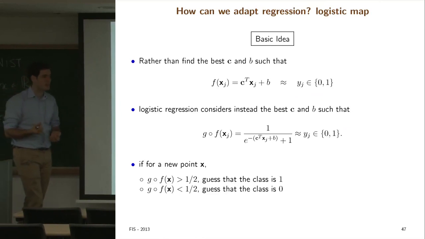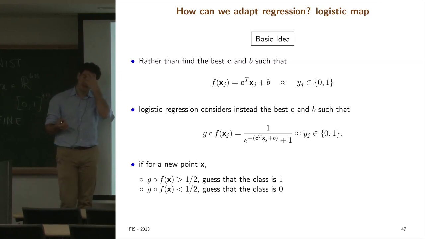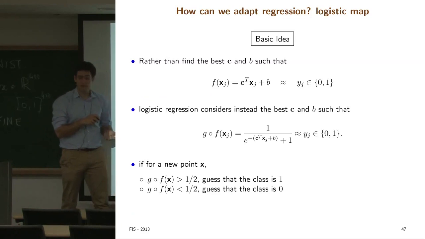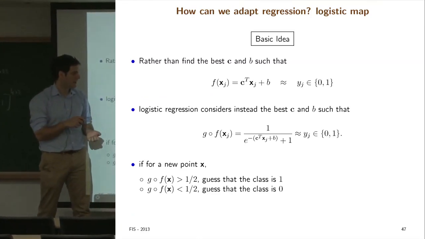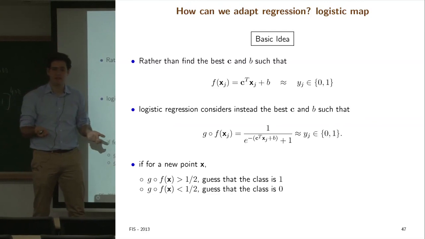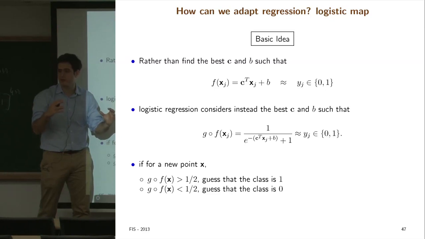So what is the basic idea of linear regression? Well, if you just directly apply regression to a classification problem, you will work hard to find a C and a B, so I would call this alpha in the regression setting, that approximate 0 and 1. But we know this is pretty much impossible in many cases, because if you take the dot product of two vectors, there's no reason they should be bound between 0 and 1.